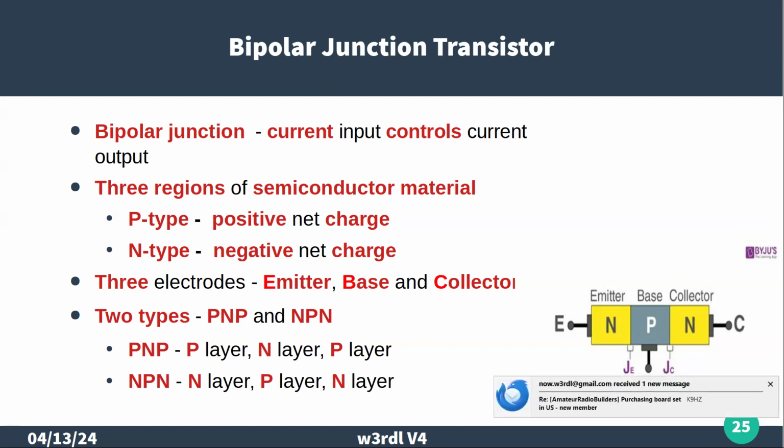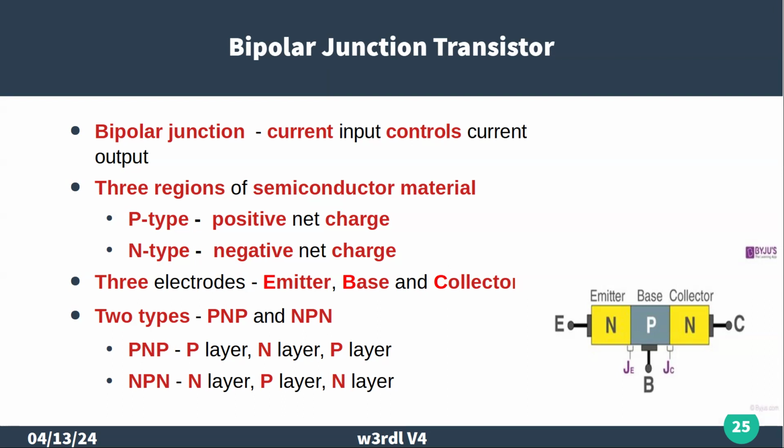And one end is called the emitter. The other type N is the collector, and the material in the middle, which is in this case a P-type, is called the base. And we have two junctions, whereas in the diode we have one.